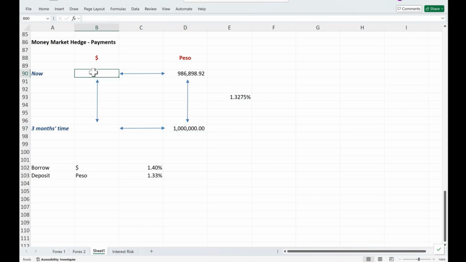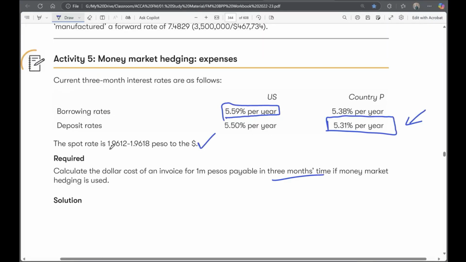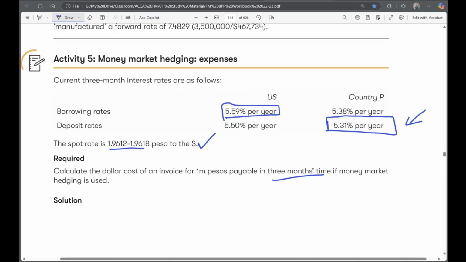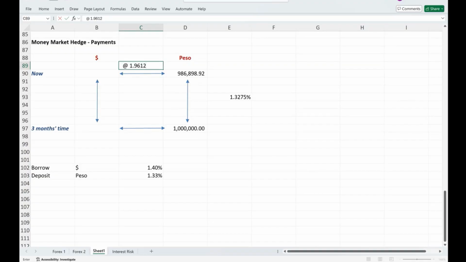Now find the exchange rate today. This exchange rate again is for a payment. Division case payment: we use the lower rate to increase our payment. The rate is 1.9612 peso per dollar.